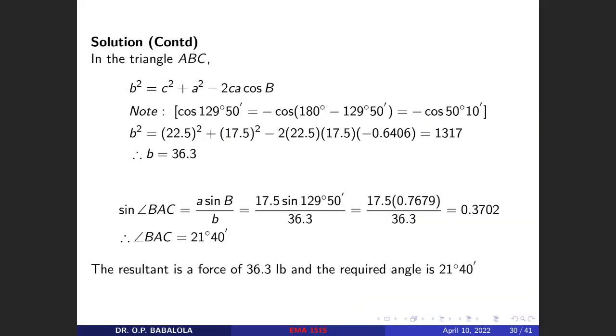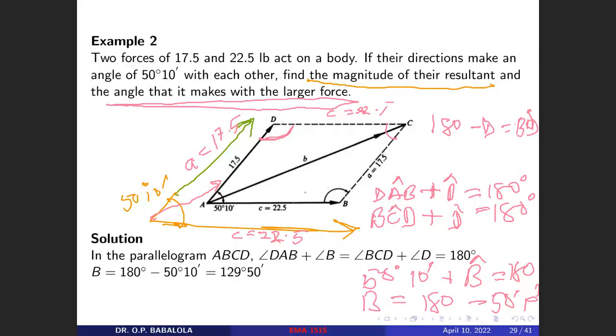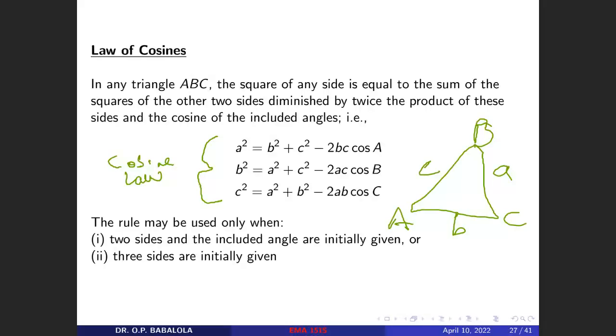We will be using the cosine rule, and that's because we have been given the angle. Let's go back to the cosine rule so that you refresh your mind. When can we use the cosine rule? One, when two sides and the included angle are initially given, or three sides are initially given.